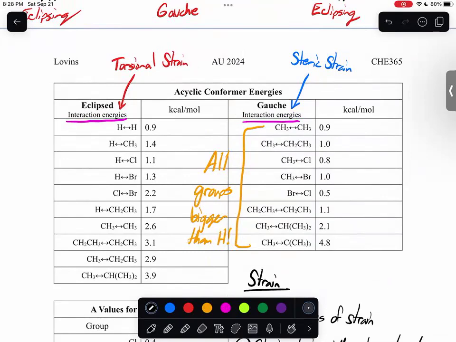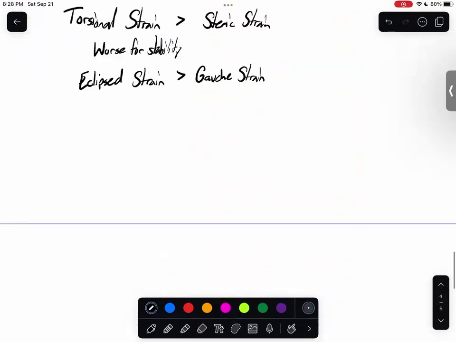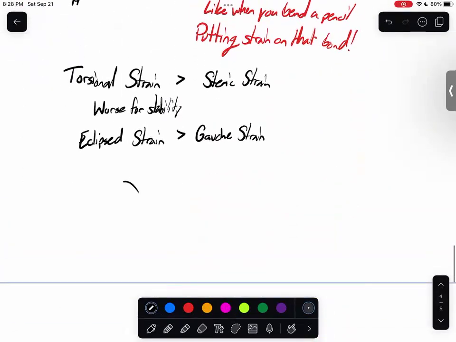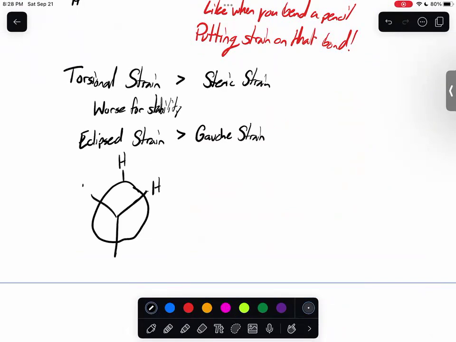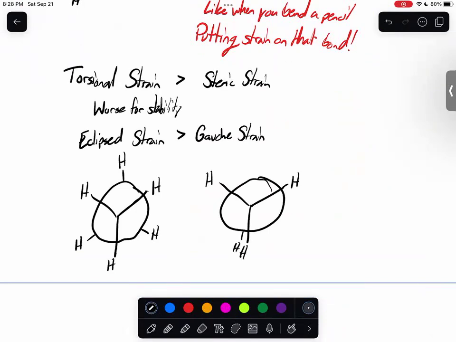And so what that means for us is when we look at two different Newman projections of the same molecule, just different conformers, we can pretty quickly tell which one is going to be more stable than the other. Because if we look at both these structures, it's pretty obvious because hydrogen doesn't have any steric strain, it just has torsional strain.